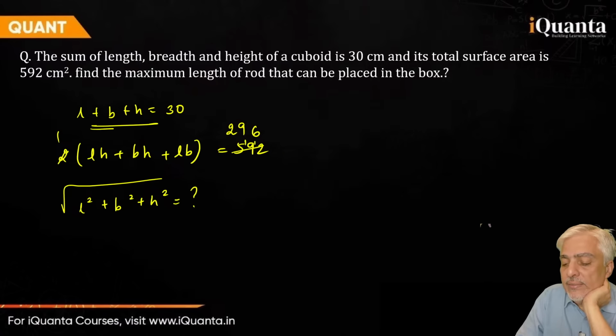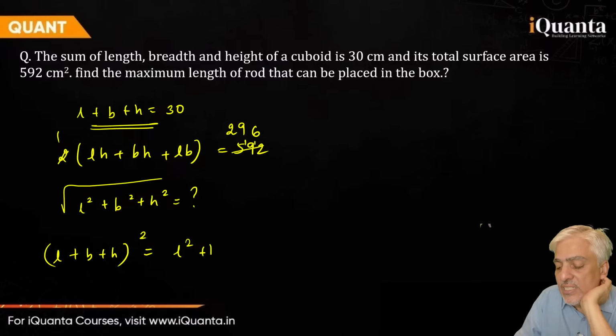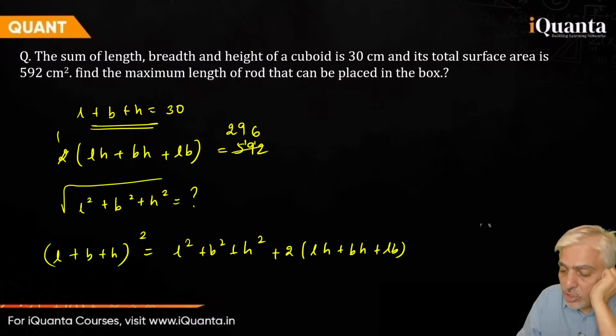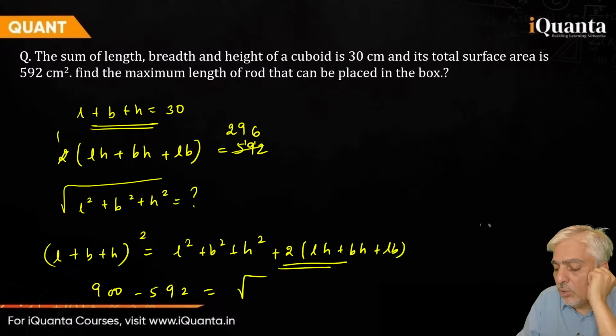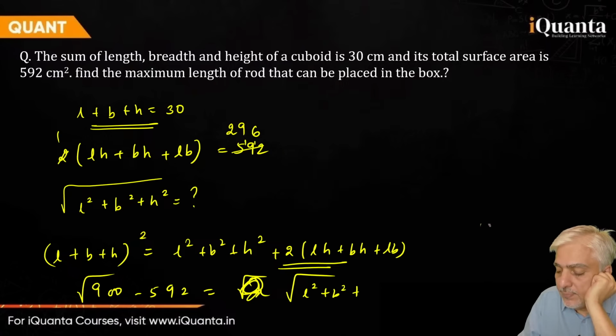Use the formula L plus B plus H the whole square. Actually, I should not have cut the 2. It is L square plus B square plus H square plus 2 times LH plus BH plus LB. 30 square is 900. This is 592. Whatever we want, its square root will be the answer. Root of L square plus B square plus H square.